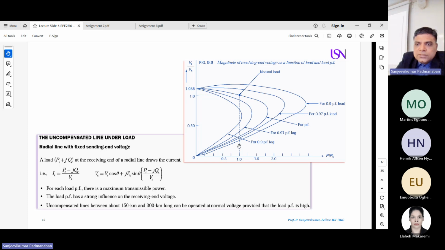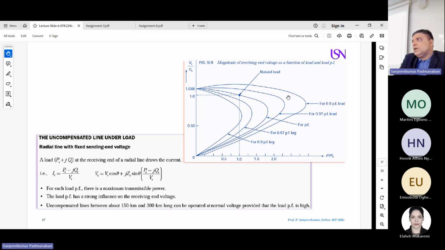If you look at the lagging loads and leading loads, the lagging loads require less P by P naught. You can have a look at the 0.9 power factor lag and 0.97 power factor lag. It requires minimum P by P naught ratio. Whereas for leading loads, the P by P naught ratio is much higher, but again, it returns back to 1.088.